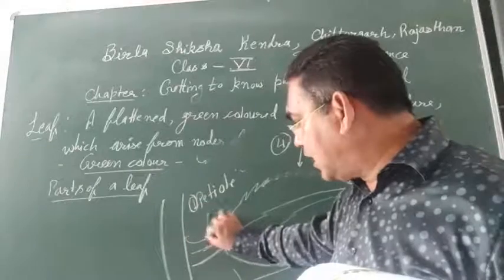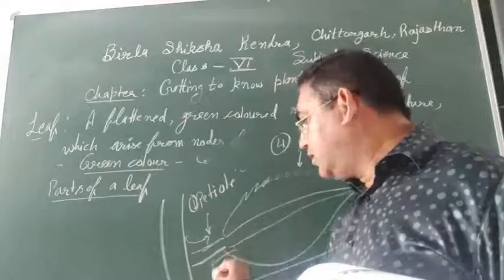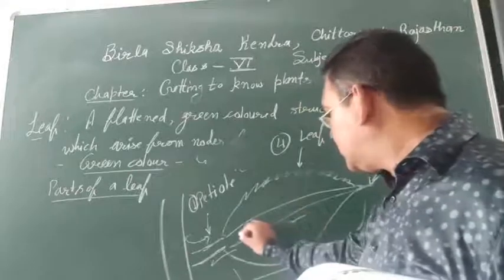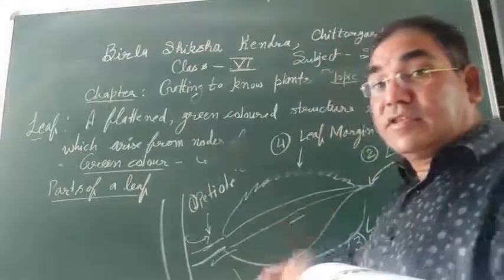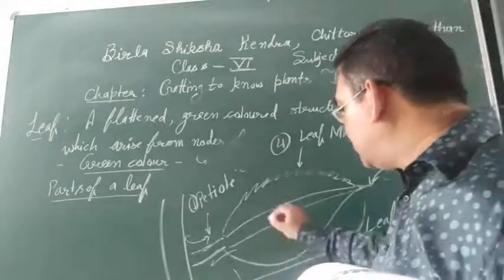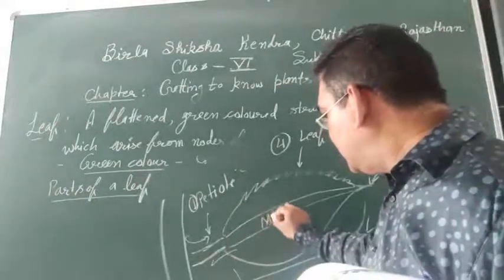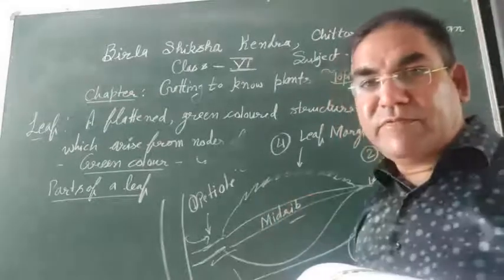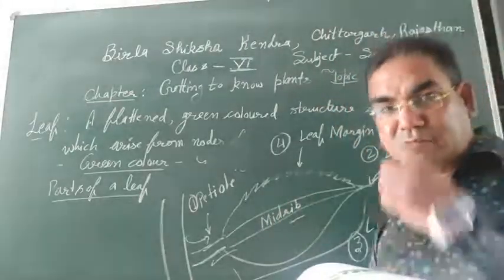This main thick central vein is known as midrib. The central main vein is known as midrib.